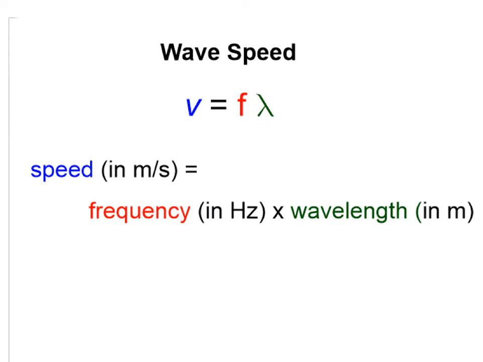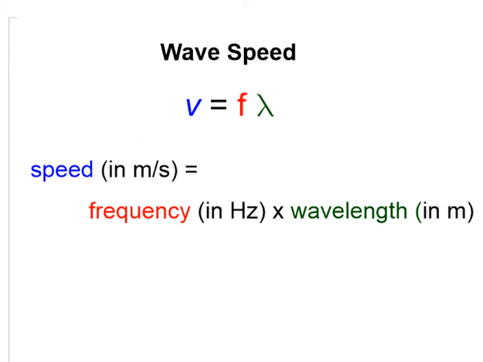That means if I have a particular wave speed here, and I have some frequency and some wavelength, and I can tweak those, if I increase the frequency for that speed, the wavelength will decrease. If I increase the wavelength, the frequency will decrease in order to maintain that particular wave speed. That's how these are inversely proportional.